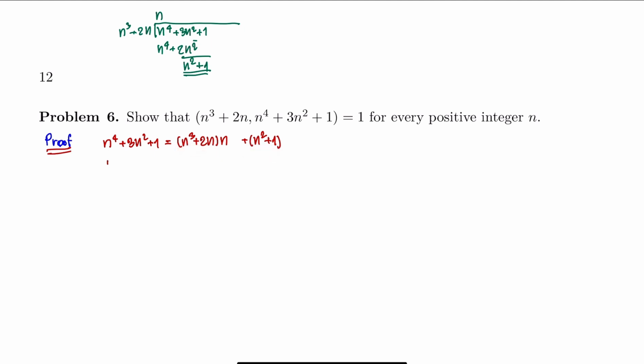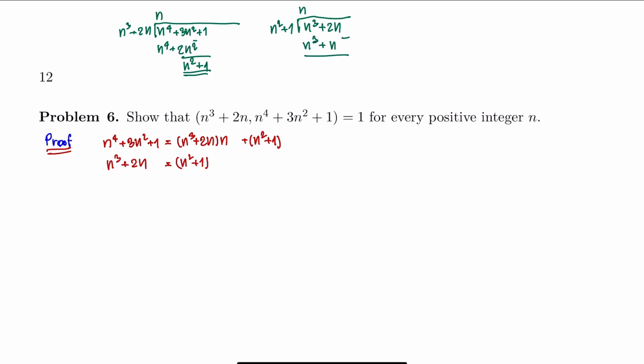Next we will divide the divisor by this remainder. So we have n cubed plus 2n equals n squared plus 1 times something. Let's find the quotient. We have n squared plus 1 dividing n cubed plus 2n. Then we have n cubed plus n.